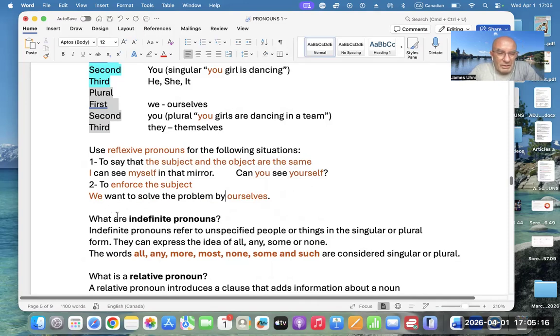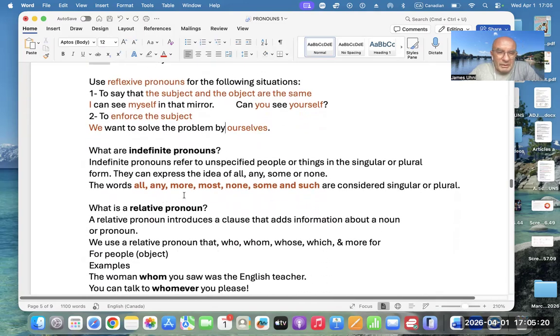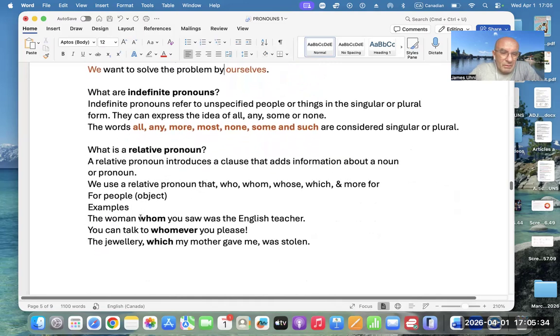What are indefinite pronouns? They are another one: all, any, more, most, none, some, and such. And then there are relative pronouns: whom, whomever, which.